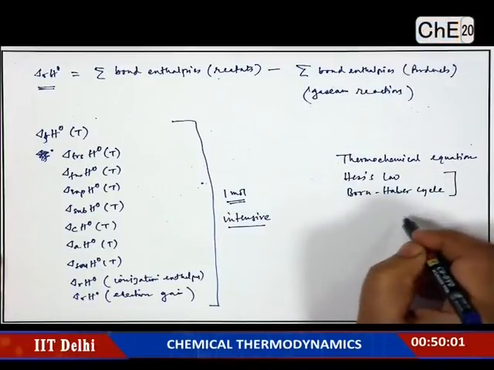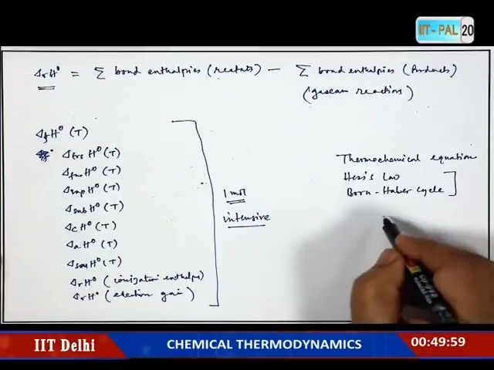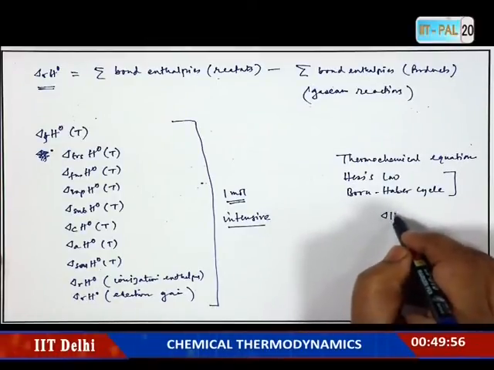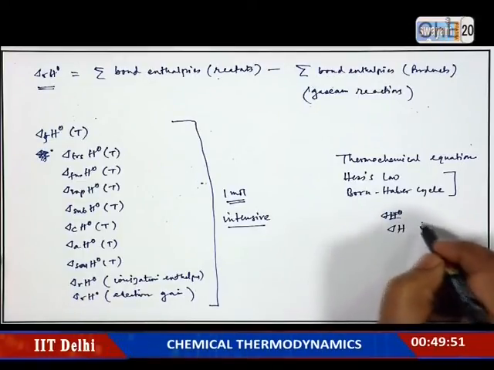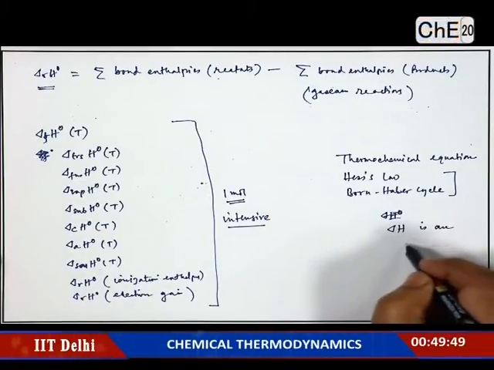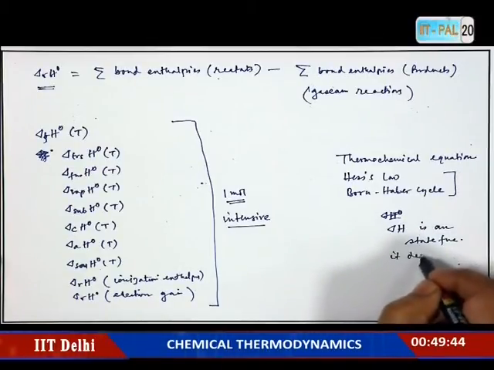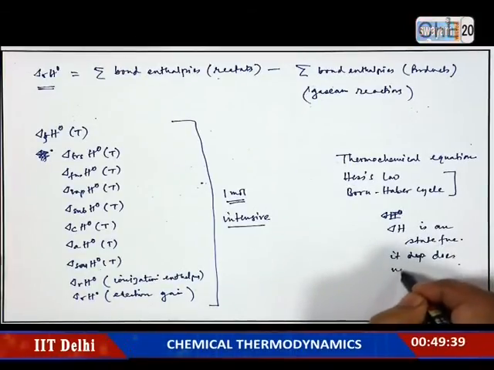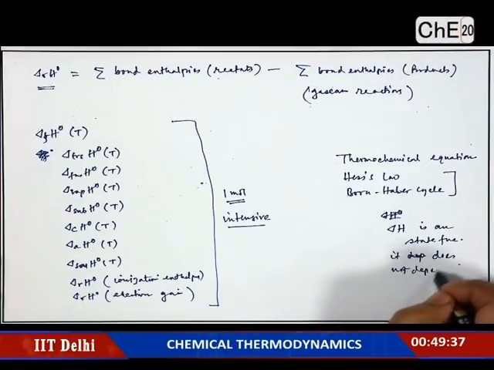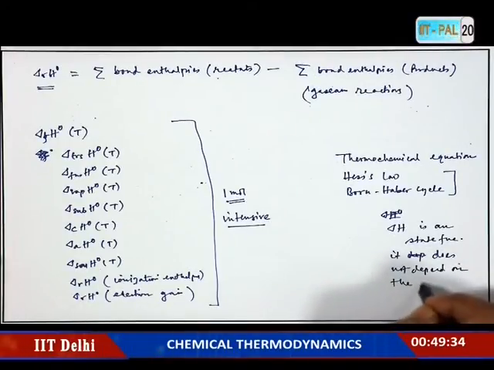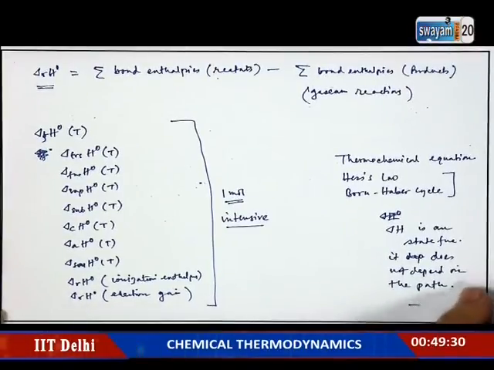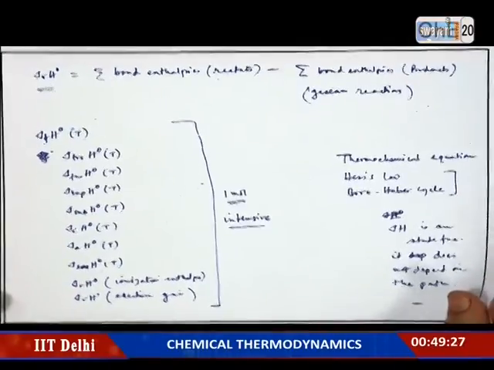The basis of these two was that delta H naught or delta H is a state function. So, it does not depend on the path. So, these are basically what we discussed in the last two classes.